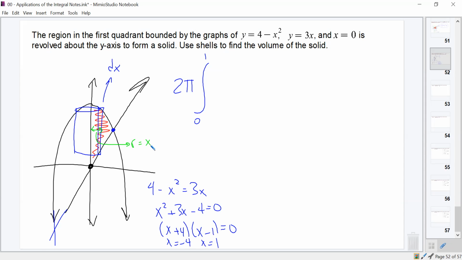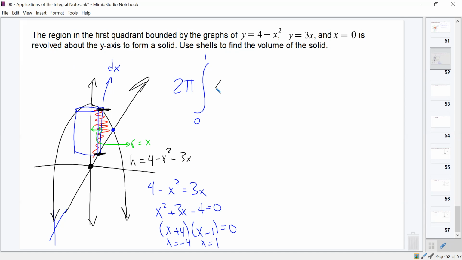But our height extends from the upper bound of our region to the lower bound of our region. So if our radius is x, our height should just be the vertical distance between the two functions. And the vertical distance between two functions is always just the upper function, 4 minus x squared, and then minus the lower function, which is just 3x.